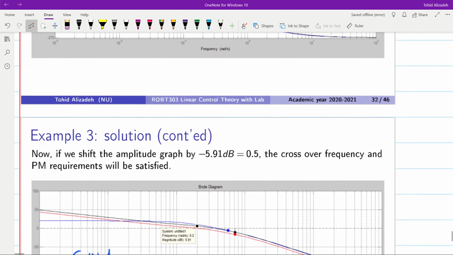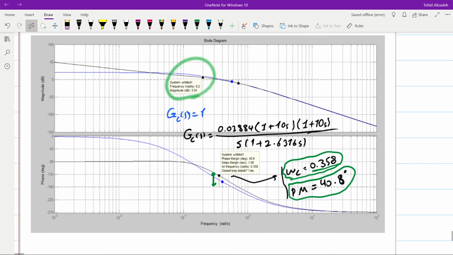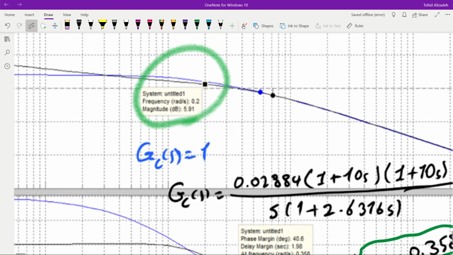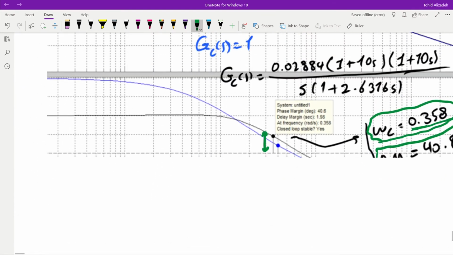We can just move the amplitude plot a little bit downwards. We know that at that frequency, at omega equal to 0.2, we have the amplitude equal to 5.91 dBs. If we inject minus 5.91 decibels as the amplitude, then the crossover frequency will become 0.2.